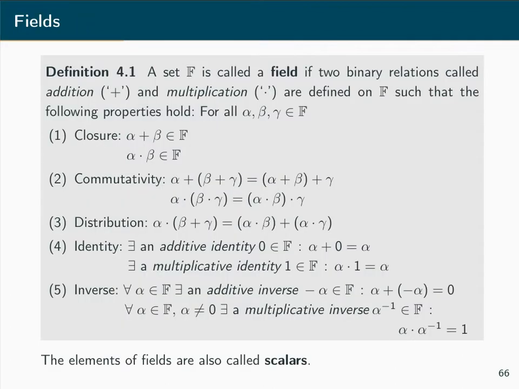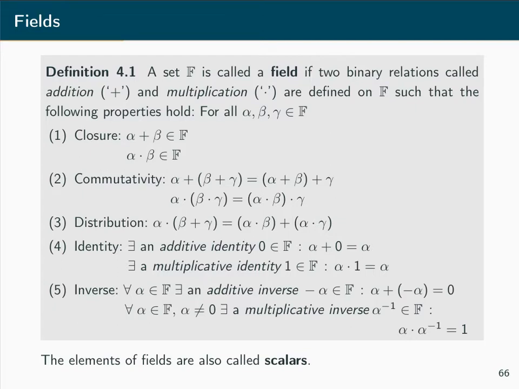Let's begin with the definition of a field. A set F that we write with this blackboard bold letter is called a field if there are 2 binary relations defined on F, which are called an addition, that's denoted with a plus sign, and a multiplication, that's denoted with a dot. And these 2 relations on F must satisfy the following properties.